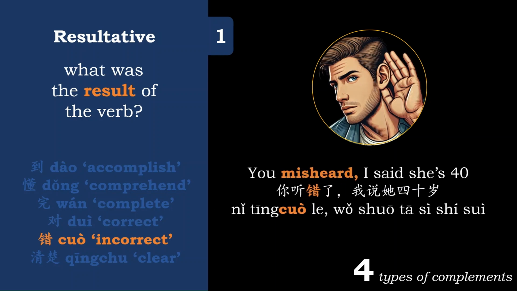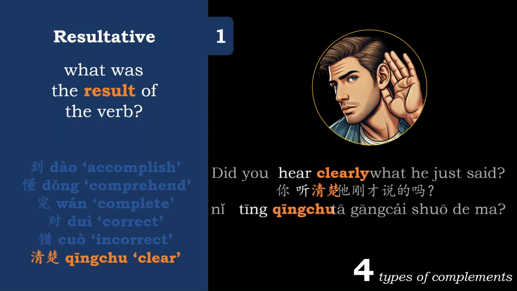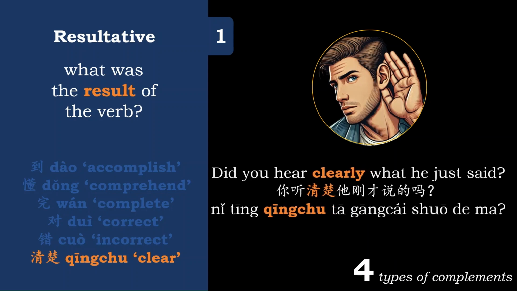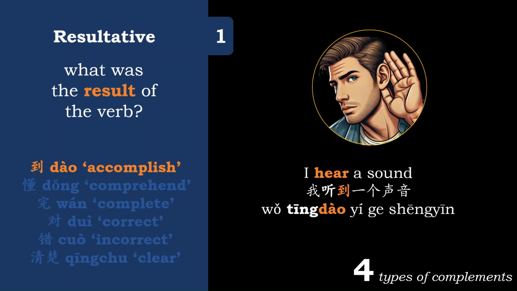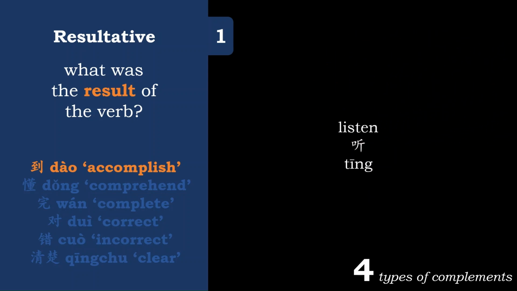I said she's 40. 你听错了。我说她40岁。清楚, clear. To hear clearly, 听清楚. Did you hear clearly what he just said? 你听清楚他刚才说的吗? So the verb, the action that we've used in all of the examples here is 听, which means listen.